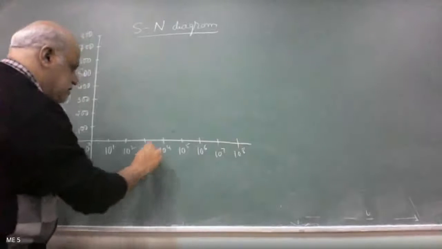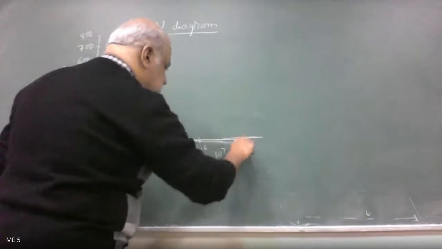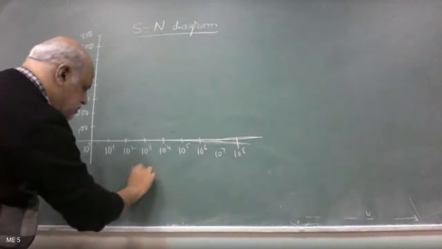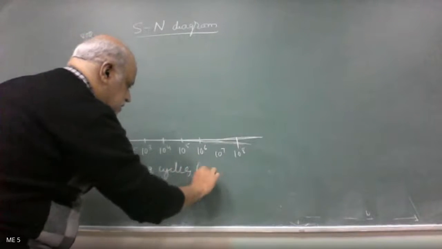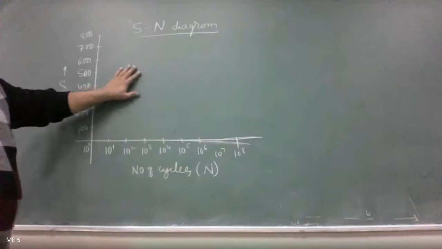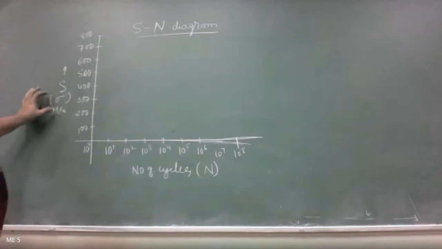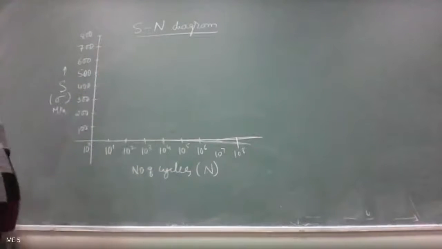This indicates the number of cycles, capital N. The graph between S, that is stress, versus number of cycles is called the SN diagram.